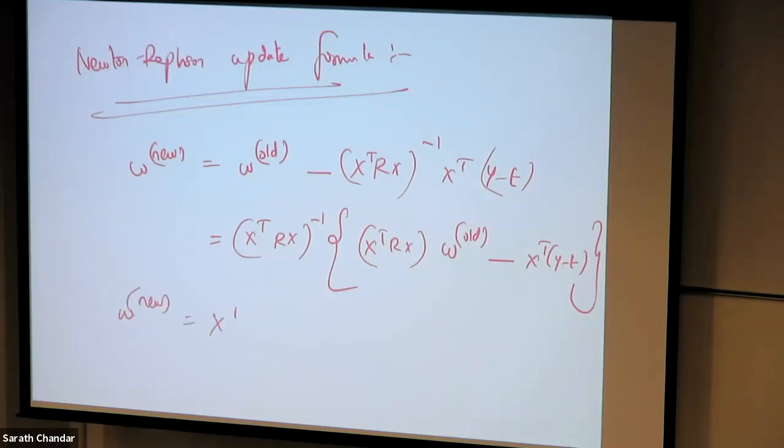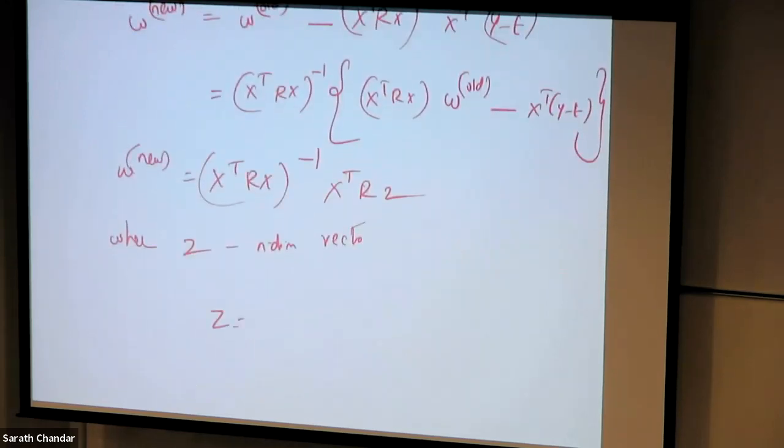Equal to X transpose R X inverse. I'm going to call this whole thing X transpose R Z, where Z is an n-dimensional vector, which is basically the rest of the terms: X W old minus R inverse Y minus T.